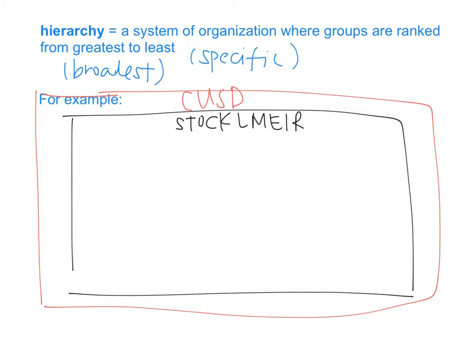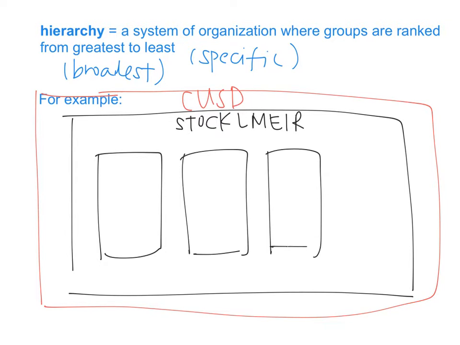Now within Stockholmeyer, we have different grade levels, don't we? We have kindergarten, first grade, second grade, etc. I didn't draw them big enough, but let's say there's kindergarten, first grade, fourth grade, and fifth grade. If I'm a person at Stockholmeyer, does that mean I'm for sure in fifth grade?